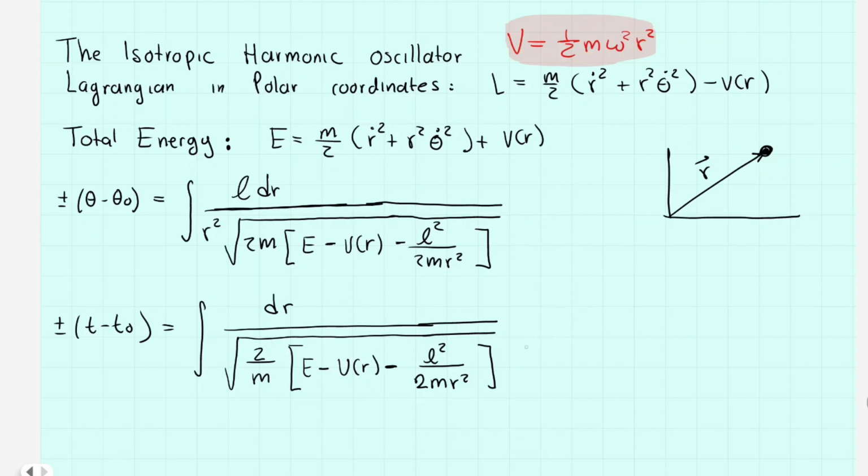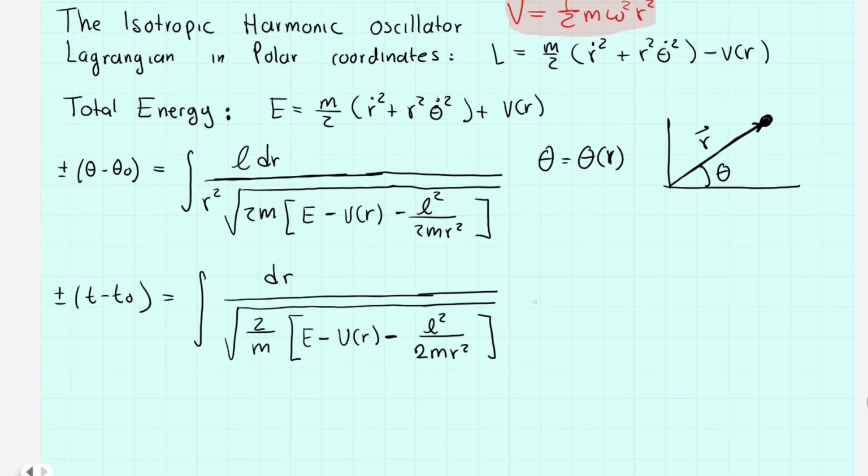These equations allow us to determine, for example, the dependence theta as a function of r, where theta is this angle here and r is obviously the magnitude of this vector that is pointing to the object. So we can find a relation between theta and r if we are able to solve this integral that we have here.